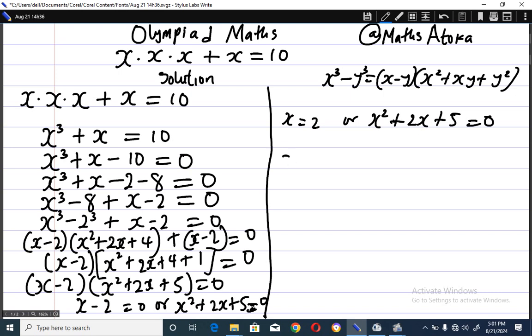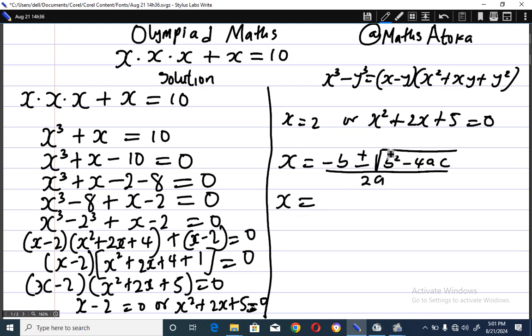We know that our x is equal to minus b plus or minus the square root of b squared minus 4ac, then everything divided by what? 2a. Okay, so when I have that x is equal to, now the coefficient here is my a, so the coefficient here is 1. So my a is 1, my b is 2, and my c is 5.